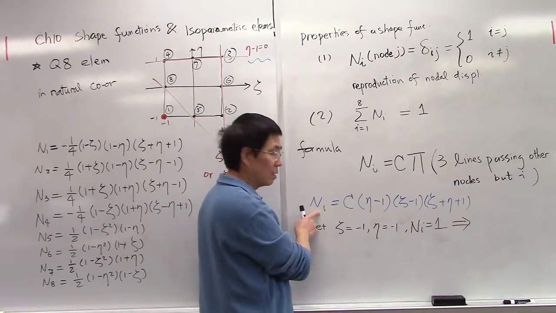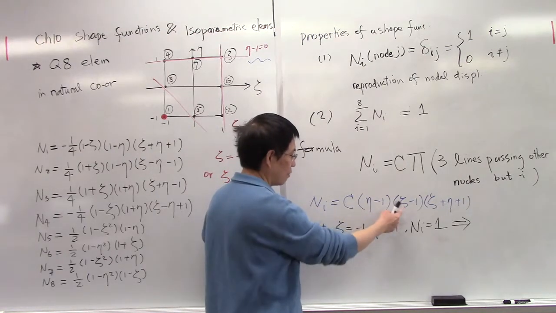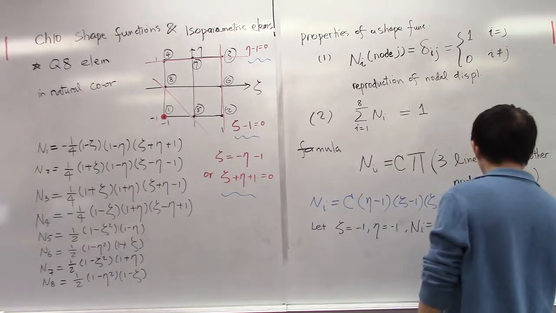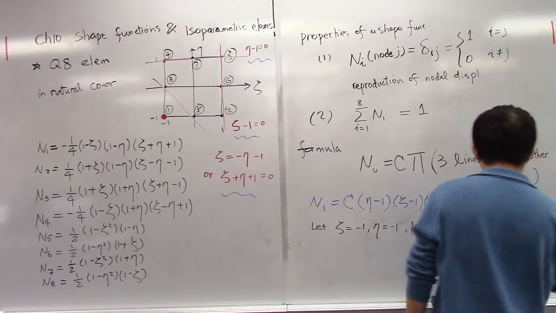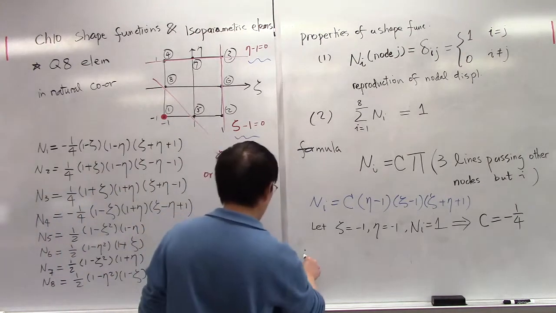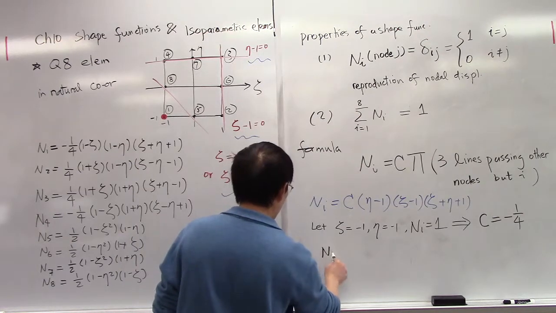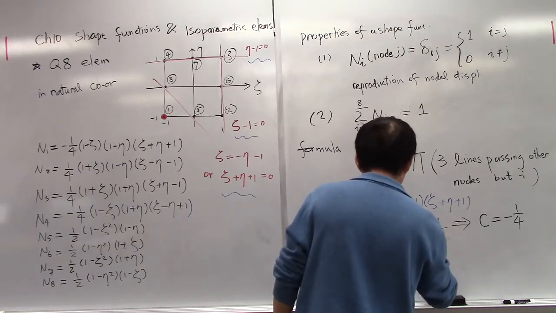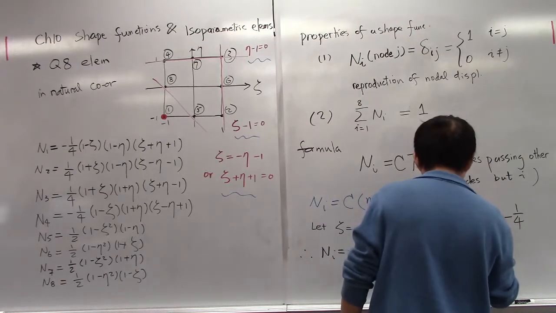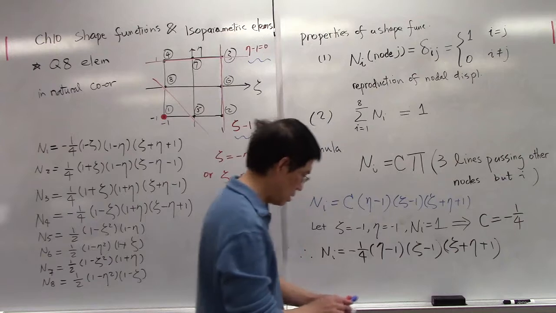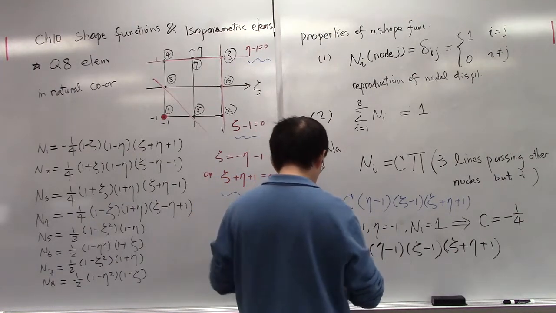And this is 1, this will be -1, this will be -1, and plug everything in. You can solve for C, and C turned out to be -1/4. Okay, that's how you derive that. Therefore, now N1 is equal to -1/4 times (eta minus 1)(theta minus 1)(theta plus eta plus 1). Okay? So that's the derived formula.